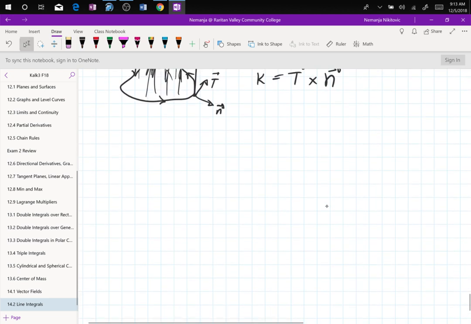Now, for us to work this out, we have a definition.